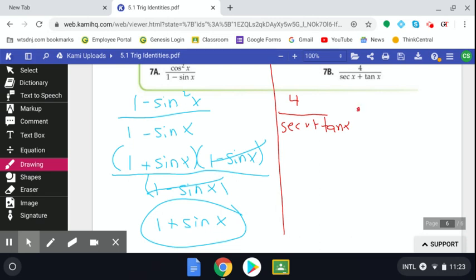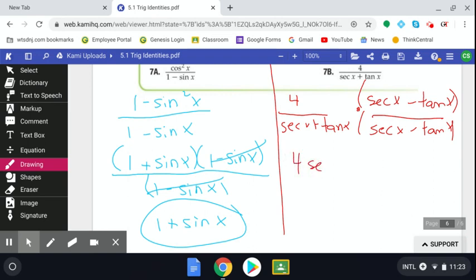Here I'm going to multiply both top and bottom by secant x minus tangent x. And when I do that, I have to make sure that I distribute. So I get 4 secant x minus 4 tangent x.